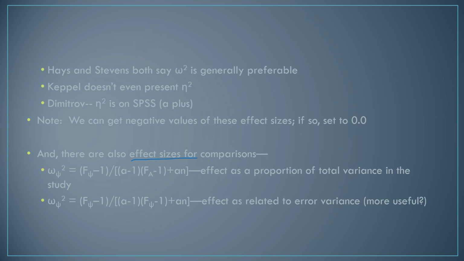So if you're trying to compare one set of ANOVA results to another set of ANOVA results, you could compare the effect sizes in this way, usually as proportions, to be able to determine which of the study's results are actually more practical or more actionable, depending again on the industry in which the research is being conducted, as well as the context in which the research is being conducted.